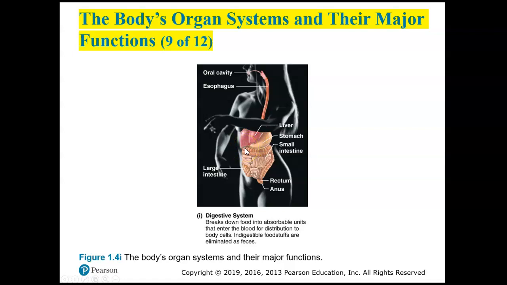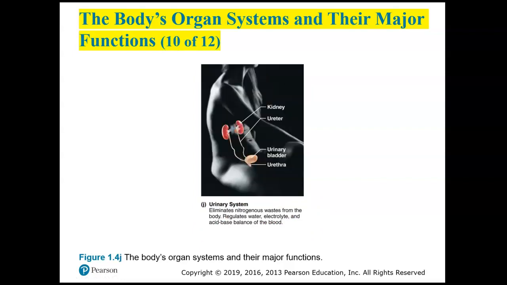And the pancreas is also involved, produces digestive enzymes and other components that aid in digestion. So the function of the digestive system is to break down food into absorbable units that enter the blood, and then to get rid of indigestible food.